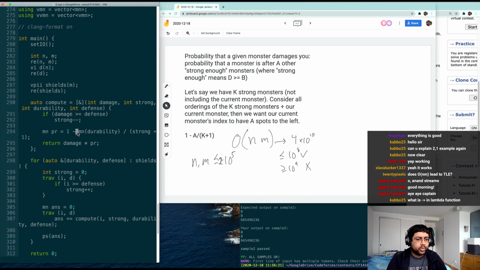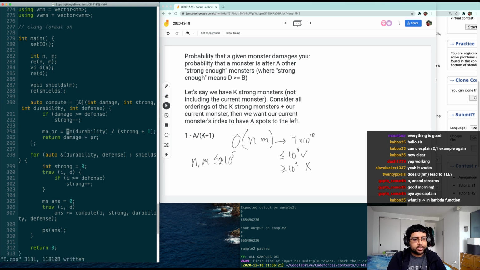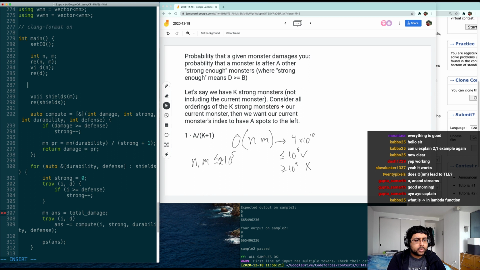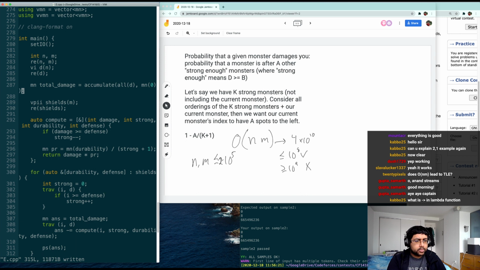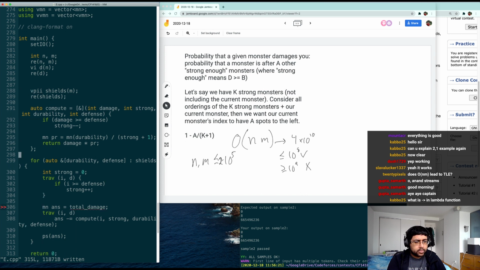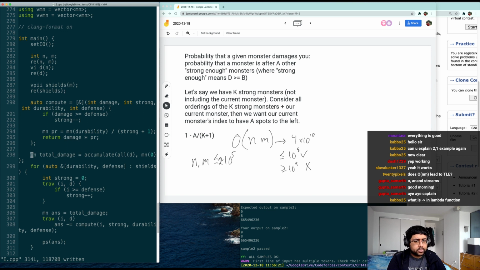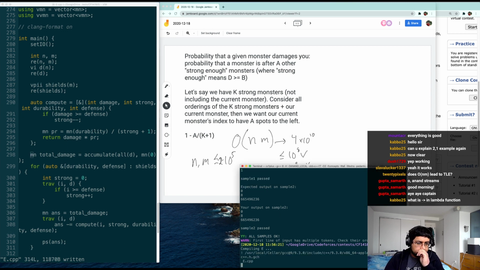So we would replace this probability with 1 minus that probability, and then we would subtract the damage saved, and then we would start with the total damage being the damage done. So let's see, that should still work.